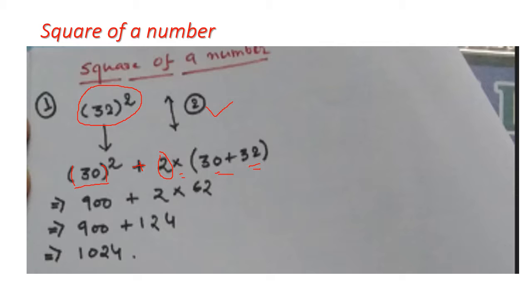Again, repeating the process, we have to find out the square of 32. First, what is the nearest number having the unit digit 0? That is 30 here. So first write down 30 square.